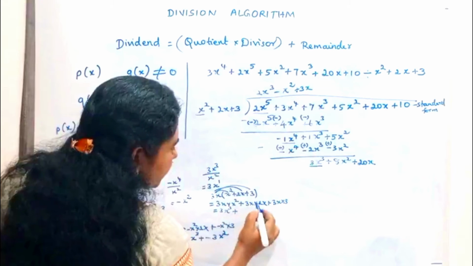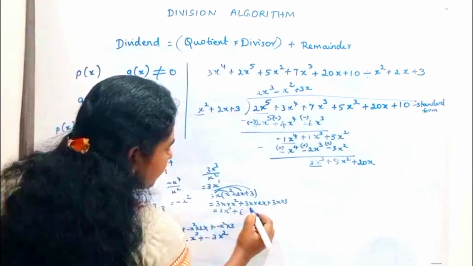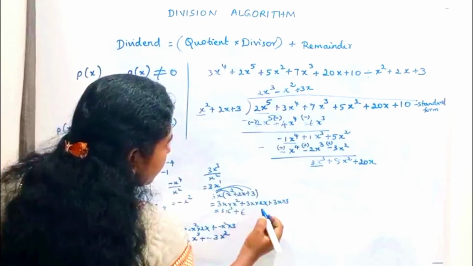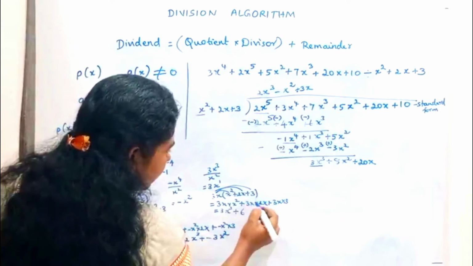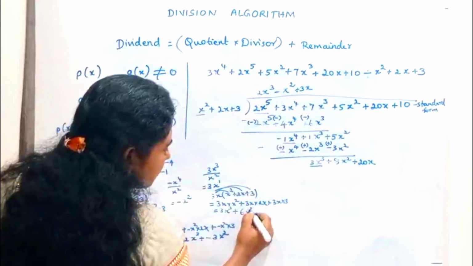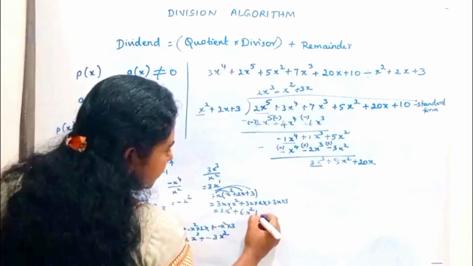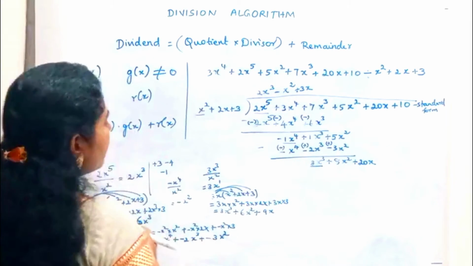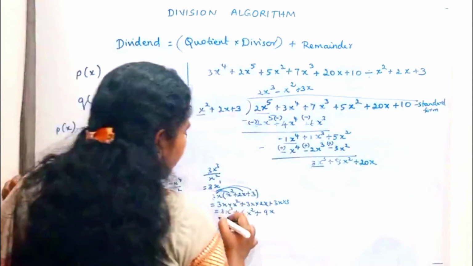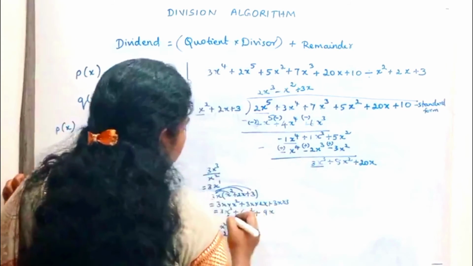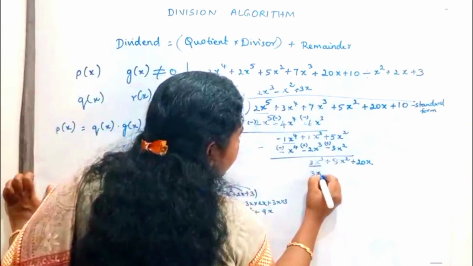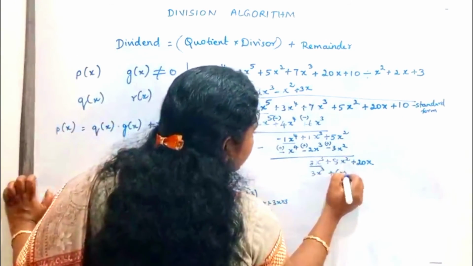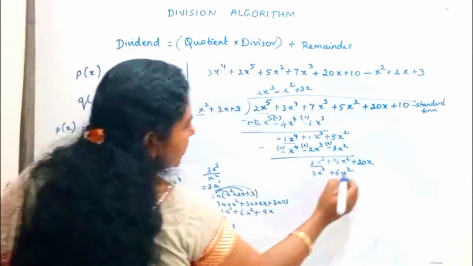The next, plus 2 into 3, it is 6, and here it is x square. The next, plus 3 into 3, it is 9 and x. Okay, so now we have to write these terms here. So the first term is 3x cube, the next term is 6x square, and the next it is 9x.